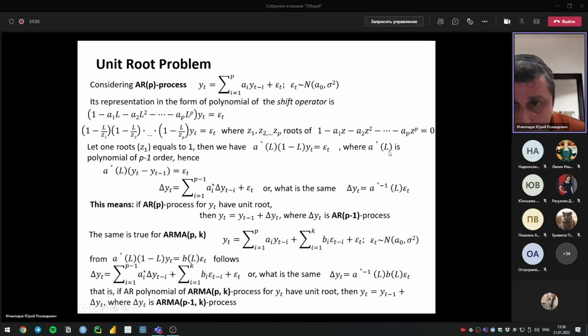So A asterisk (L) is a polynomial of order p minus 1, because one factor goes to 1 minus L due to the unit root here, because one of these z equals 1.